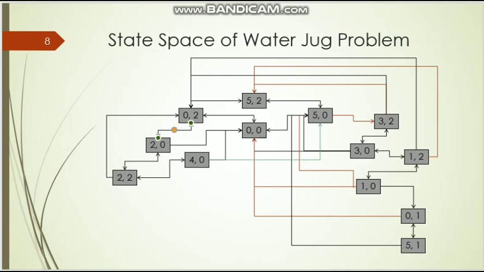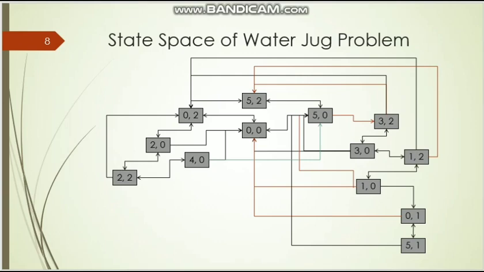From this and from this particular state, if we throw all the water from the Y jar, then it would be 0,0, and if we throw all the water from this jar, then it will also be 0,0. And from 0,0, if we fill the X jar, it will come here, and if we fill the Y jar, it will come here.